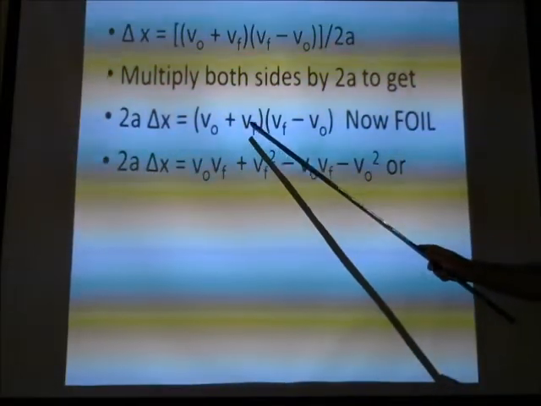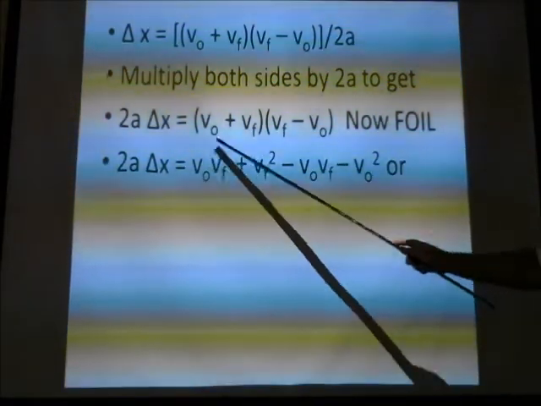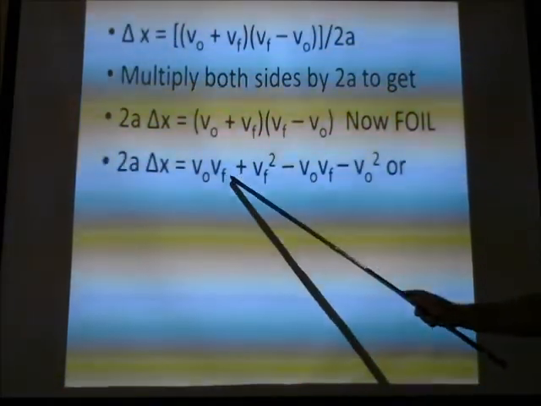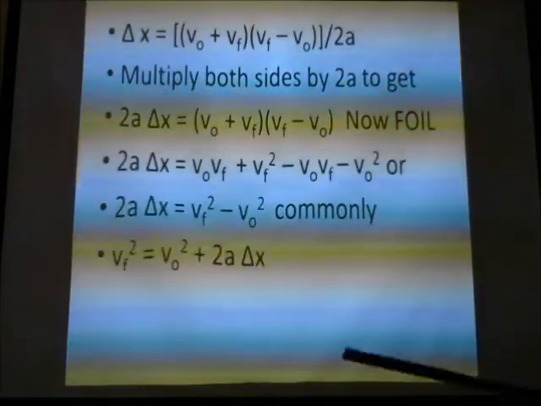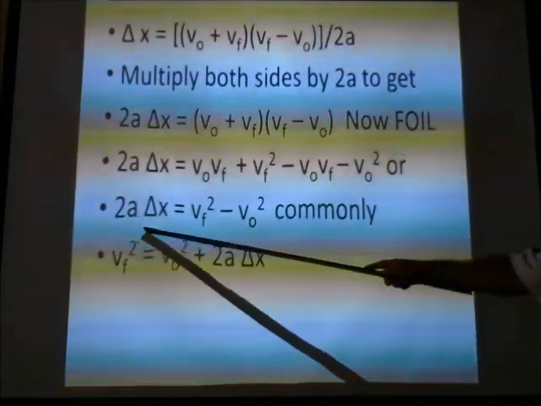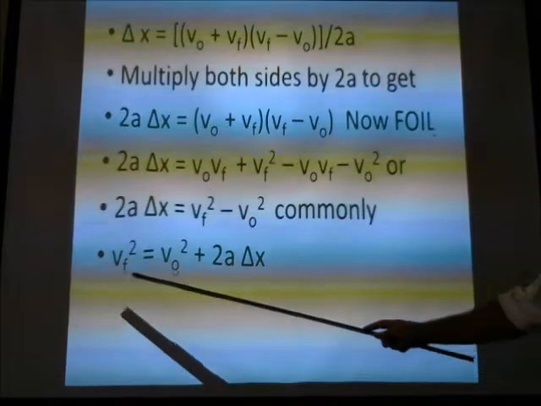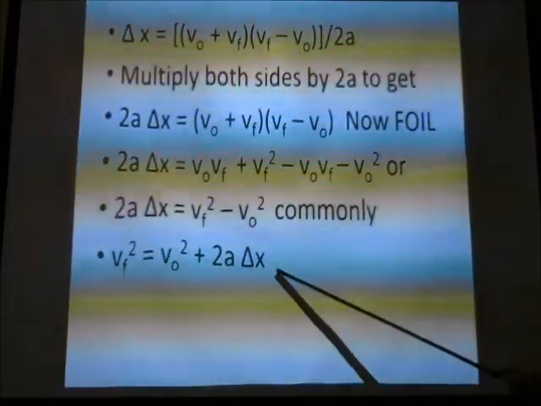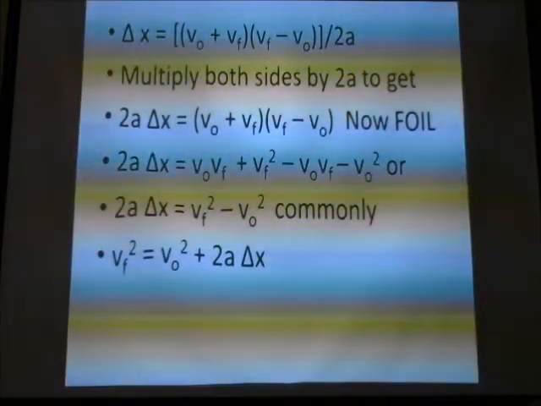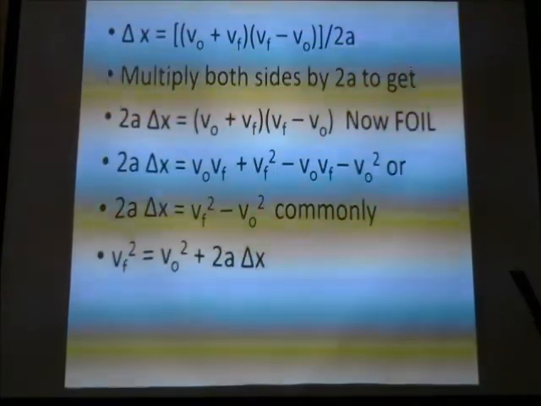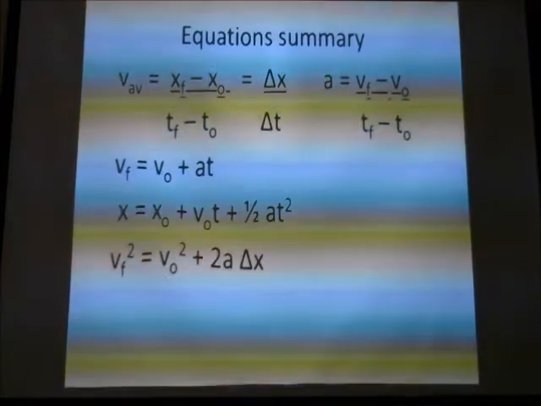So I get V naught Vf positive and V naught Vf negative, and those cancel out, which leaves me with 2a delta x equals Vf squared minus V naught squared. This is more commonly written as Vf squared equals V naught squared plus 2a delta x, which can be used to relate final velocity, initial velocity, acceleration, and distance. And that gives us 5 overall equations.